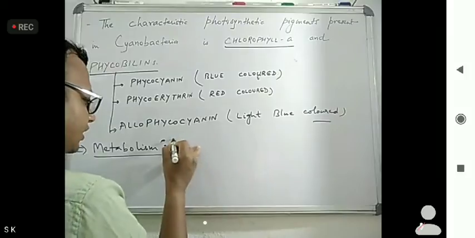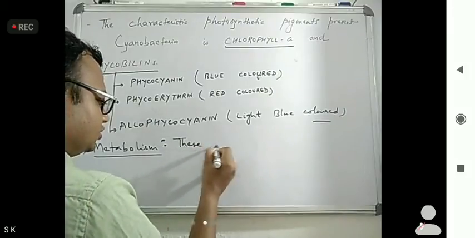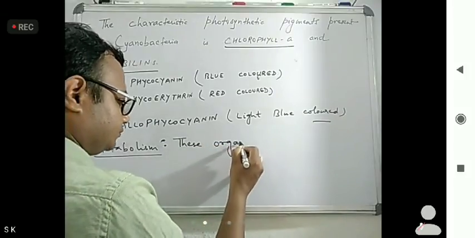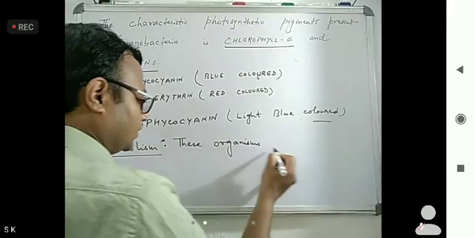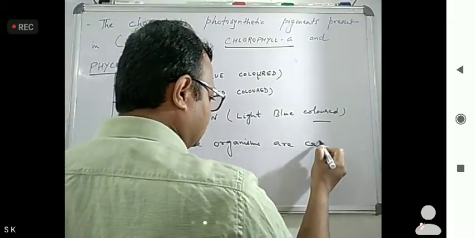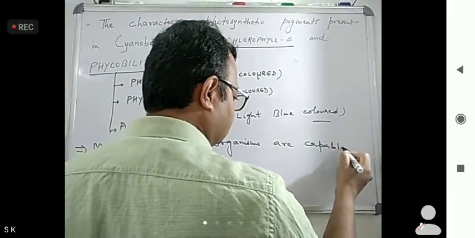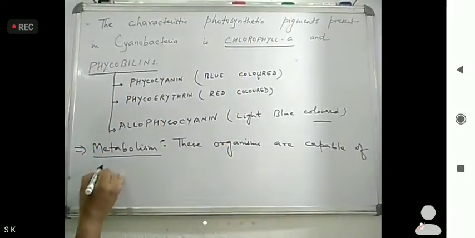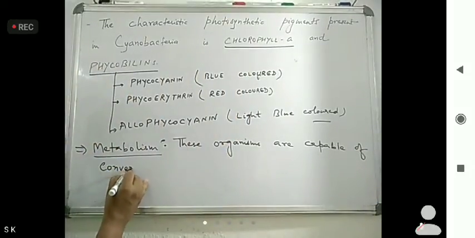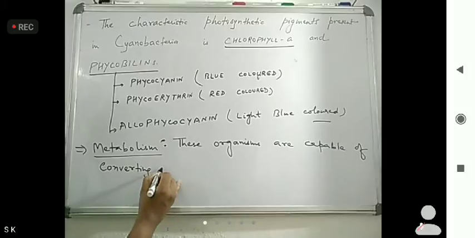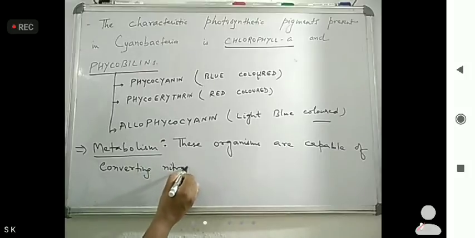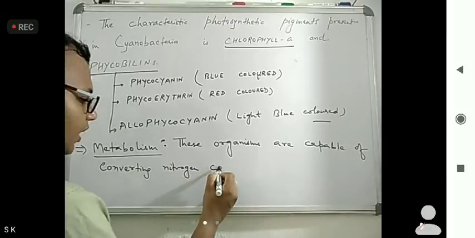So we can say these organisms are capable of converting atmospheric nitrogen into nitrogen compounds.